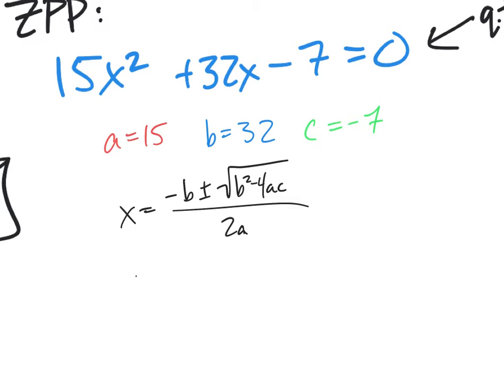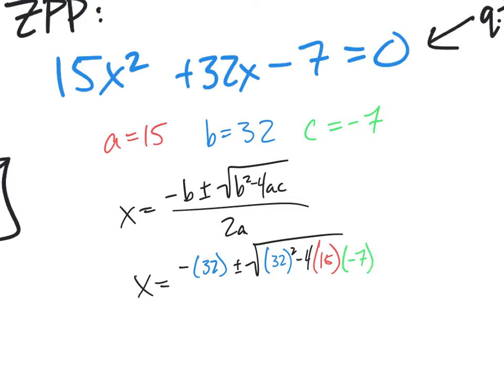Okay, so x equals -32 plus or minus the square root of 32 squared minus 4 times a times c, all over 2 times a. A is 15.